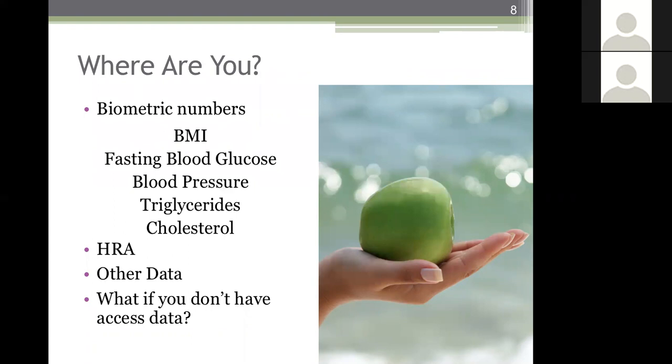And let's say you don't have access to data. Let's say you are an individual and you don't have access to your biometric numbers for whatever reason, or you just keep putting it off. What can you do in the meantime? Well, you certainly can look at a questionnaire.